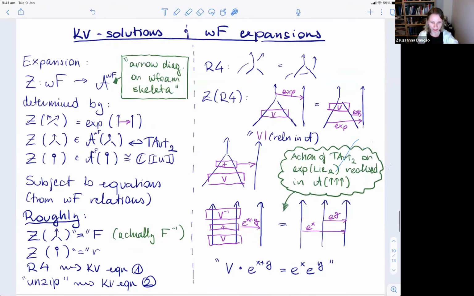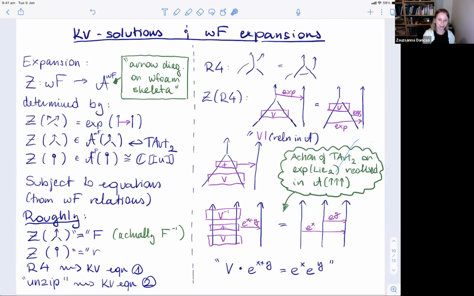Now, how do these correspond to W foam expansions? So an expansion, again, is a map from W foams to its associated graded space. And that associated graded space, just like for tangles, is some linear combination of arrow diagrams on W foam skeleta.